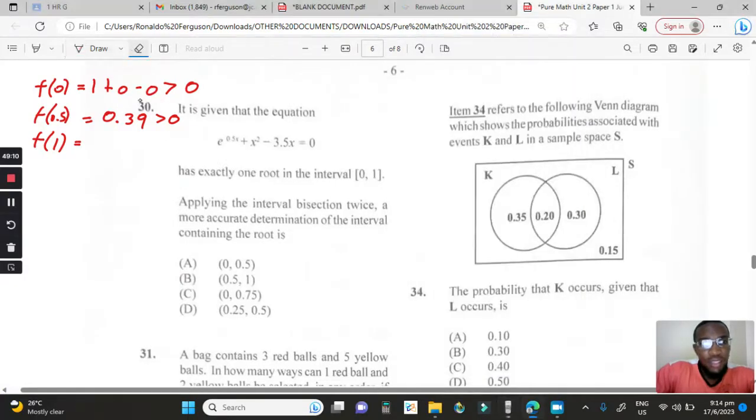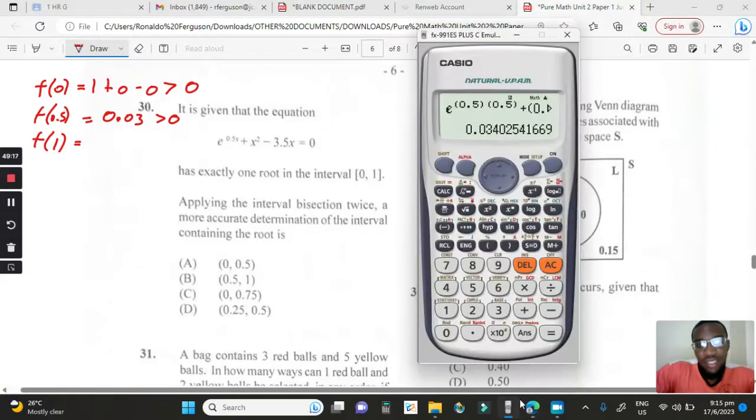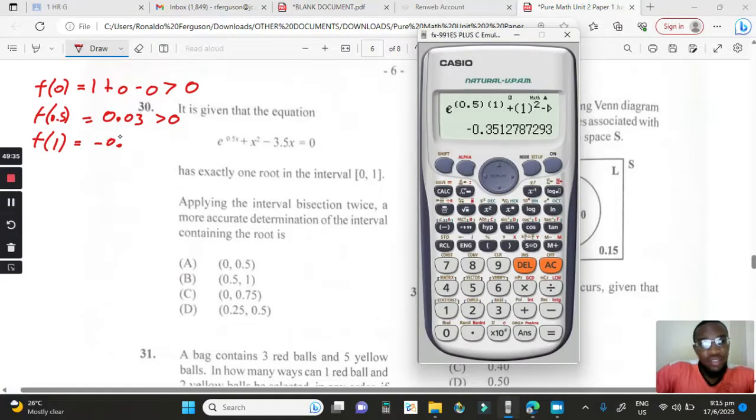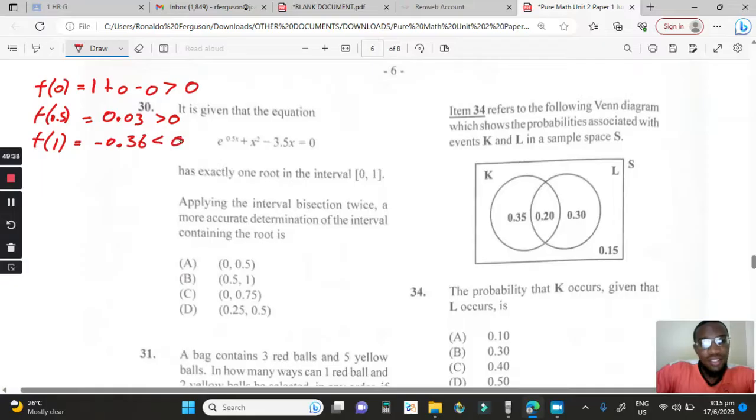This should have been 0.39 for f of 0.5, and then f of 1 where x is 1. That's negative, so negative 0 point something, negative 0.36, which is less than 0. So therefore the root lies between 0.5 and 1.